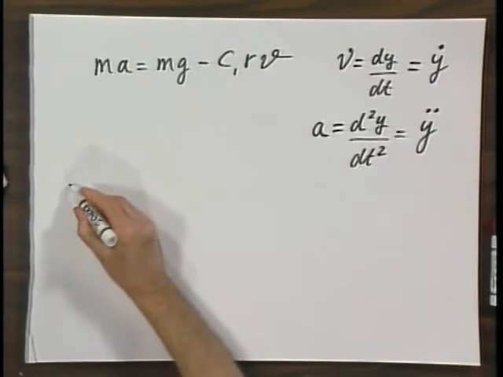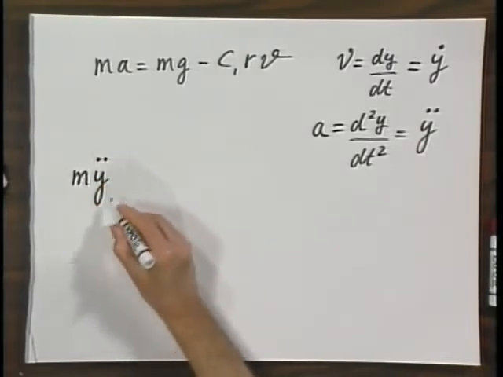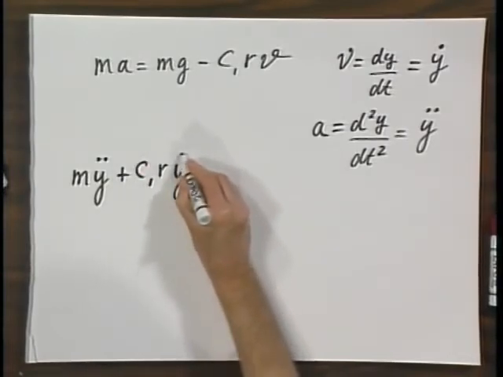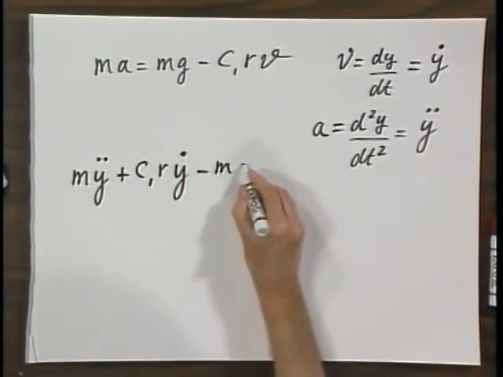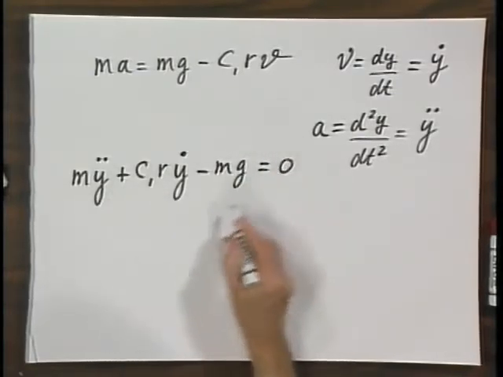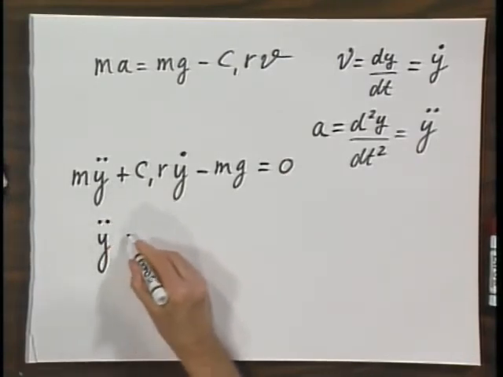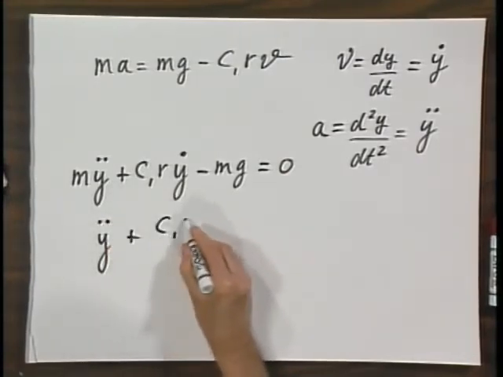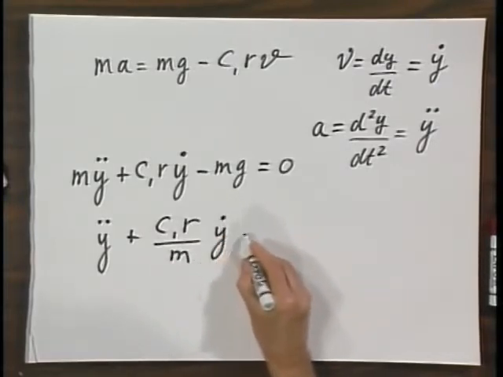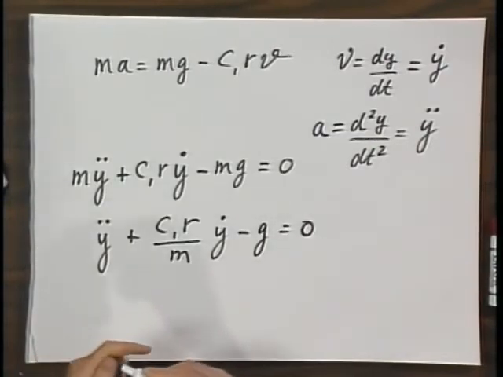So my equation becomes m y double dot plus c1r y dot minus mg equals 0, and I can divide by m, and then I get a differential equation: y double dot plus c1r divided by m times y dot minus g equals 0.